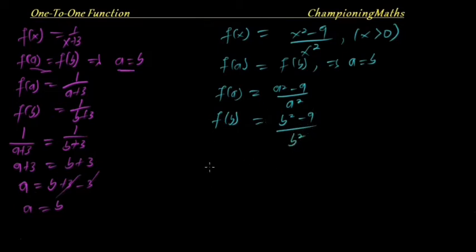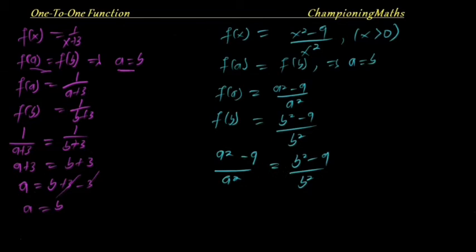Now, based on the condition that f of a must be equal to f of b, we can have a squared minus 9 all on a squared being equal to b squared minus 9 all on b squared.